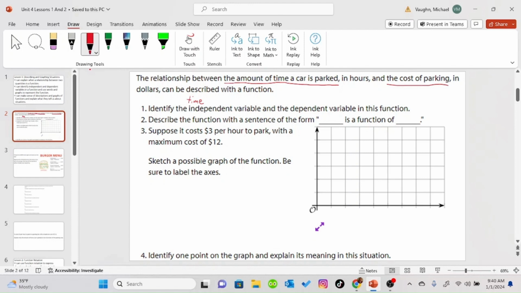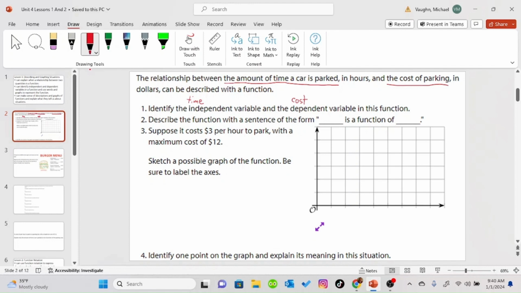and my dependent variable is going to be the cost. If you were to drive to a function in downtown Providence, you would park your car, and however long you were there would then determine the cost of your parking.